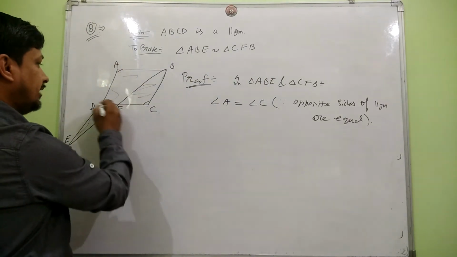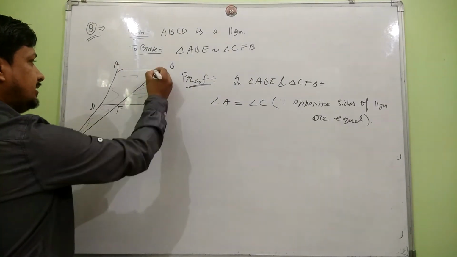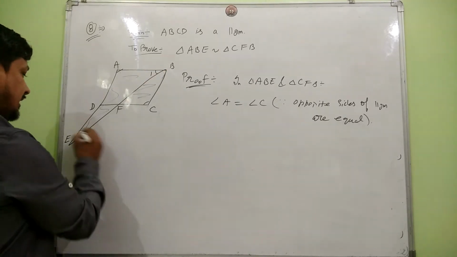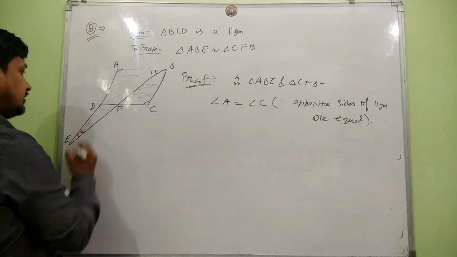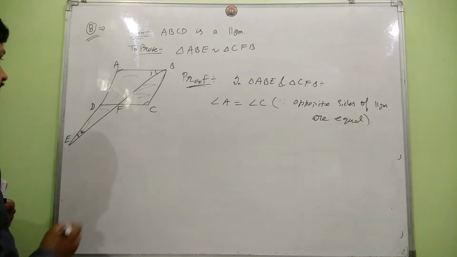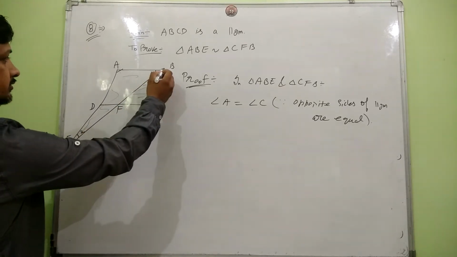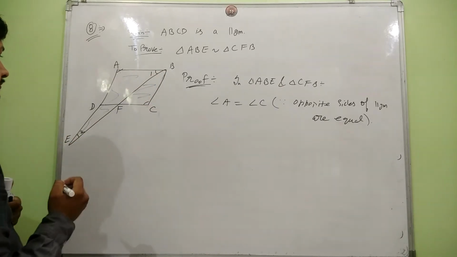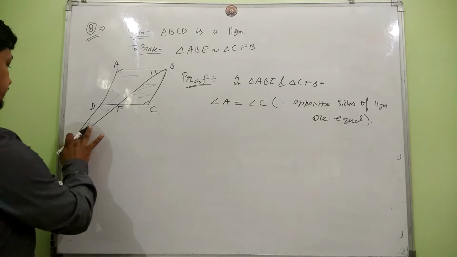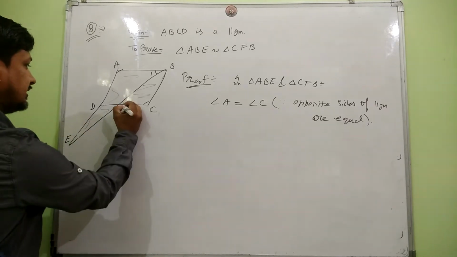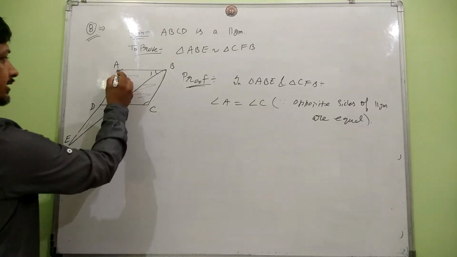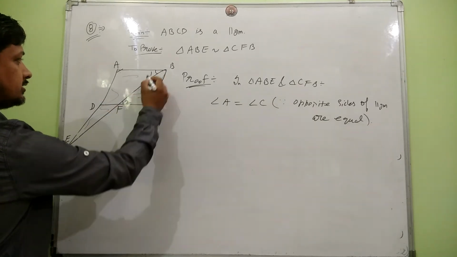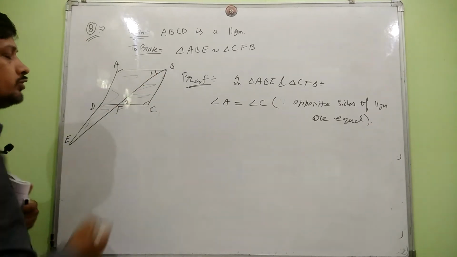This is a parallelogram, and this angle, let us consider it angle 1, and this angle, let us consider it to be angle 2. Since this line is parallel to this line and this is a transversal, angle 1 will be equal to angle 2.